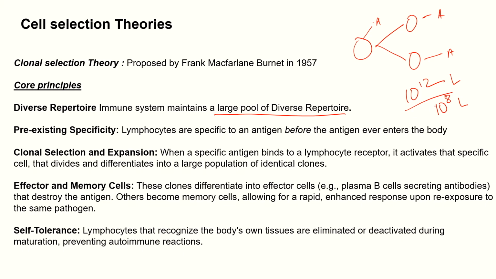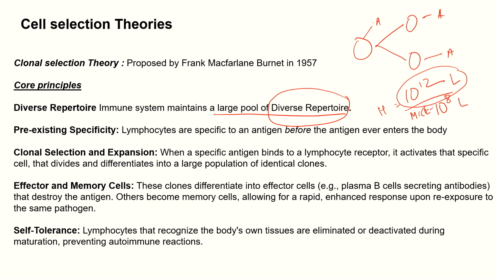So in mice you can see somewhere around 10 to the power 8 lymphocytes, and in the case of human there are more lymphocytes. What it stands for is that there are many different kinds of lymphocytes present in the human body to fight against the different kinds of antigens entering the body. So diverse repertoire is the first one.